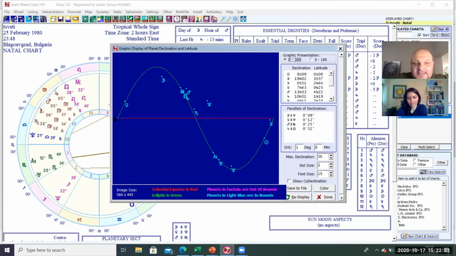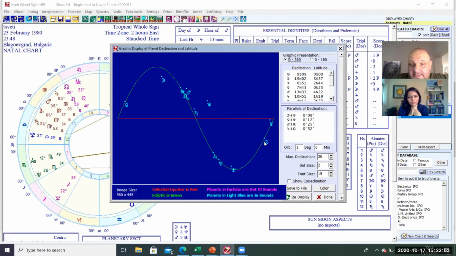And of course, the sun is sometimes going to be on the top, and sometimes on the bottom. What Tsveti was describing is that sometimes the planets are going to be in the same line. Let's suppose that Venus is here.